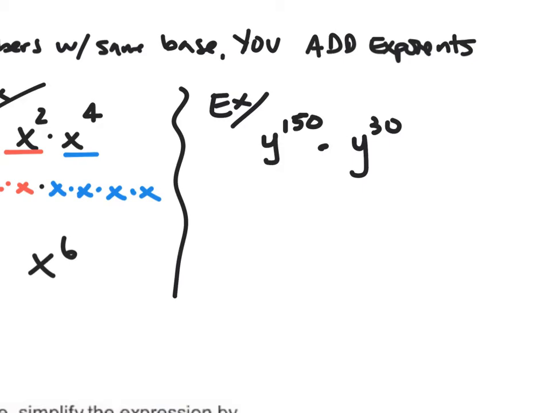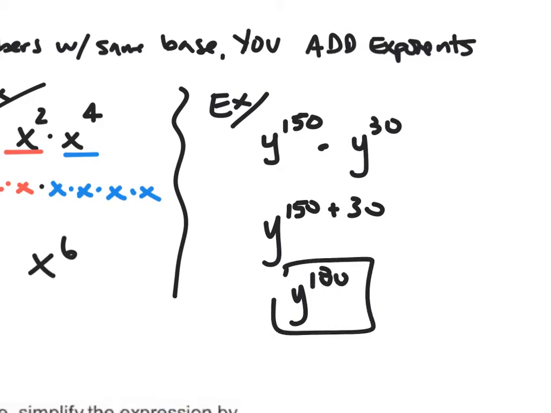If I'm trying to simplify that, I don't want to write out y 150 times, and I don't want to write out y 30 times and then count. That's a waste of time. But what I can automatically do because of this rule is go y to the 150 plus 30 power, which is going to give me y to the 180th power. And that's why we do that. We have these rules so that we can do things more efficiently.